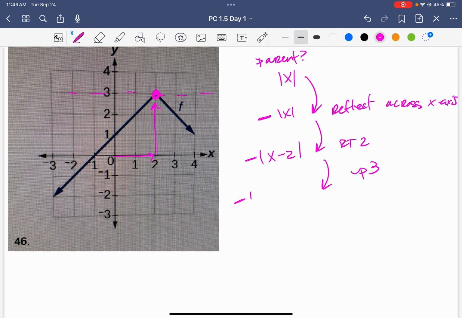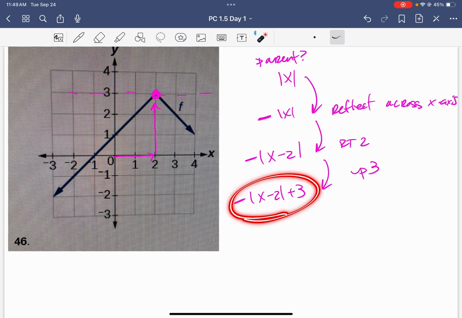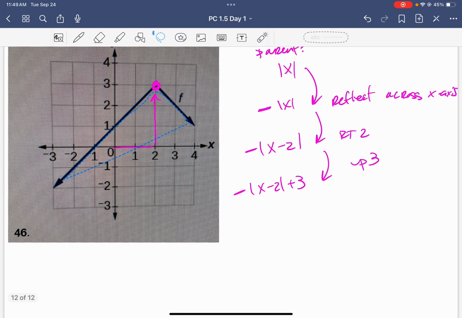Then I'm going to move it up 3, which would make it do this. So now if I look at this function, really we've moved it right 2, then we reflected, and lastly, we shifted it up 3 to get the final picture that you see right there.